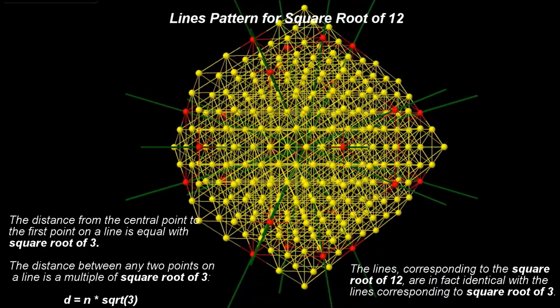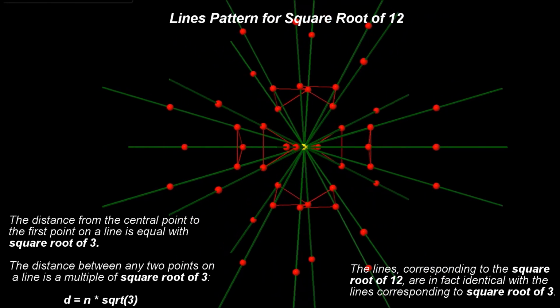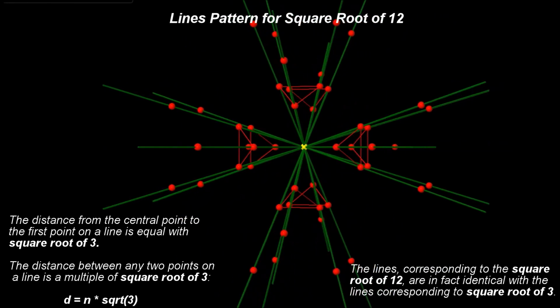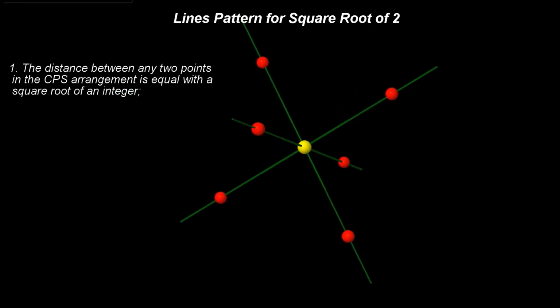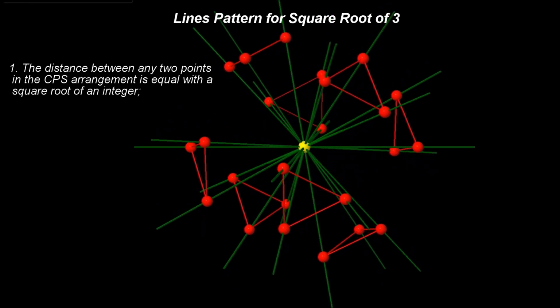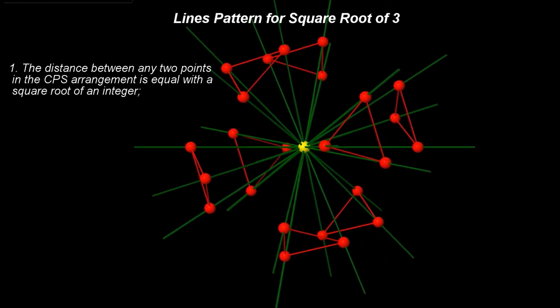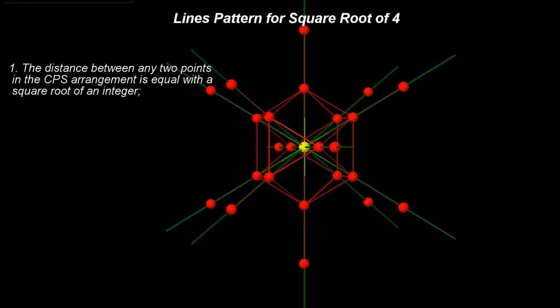The lines corresponding to the square root of 12 are also identical with the lines corresponding to the square root of 3. The distance between the central point and the second point on the square root of 3 line is equal to 2 multiplied by the square root of 3, which is also equal to the square root of 12.